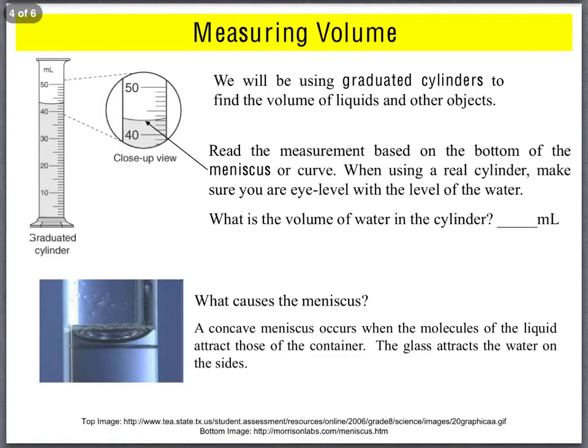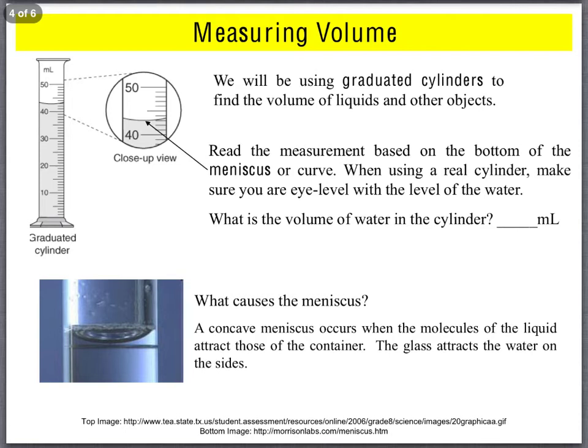Okay, now we're going to look at measuring volume. We've already used graduated cylinders a bit in class, and graduated cylinders are going to be the way we find the volume of liquids most often in class. There's a graduated cylinder picture here, filled up with a liquid. We're going to use the scale on the graduated cylinder to determine the volume of liquid inside.